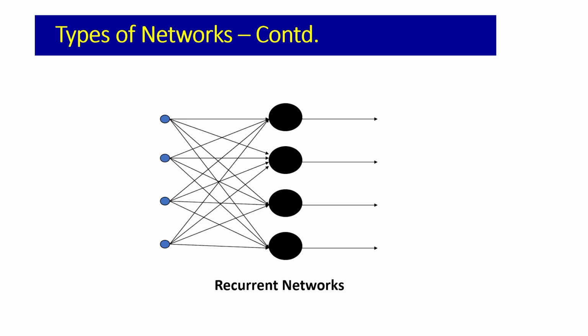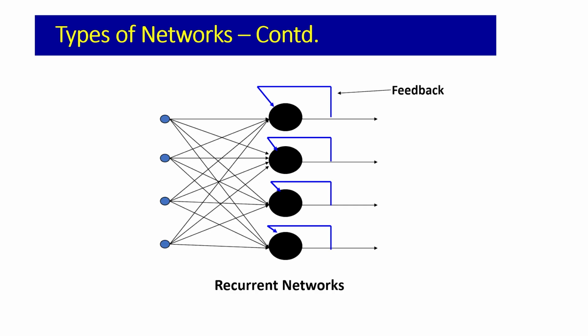You can also have a recurrent network. What is it? A recurrent network has a feedback loop. You see here we have 2 layers, an input layer and one hidden layer, and the output goes to the right side. But after the hidden layer you can also have a feedback. Why is it required?